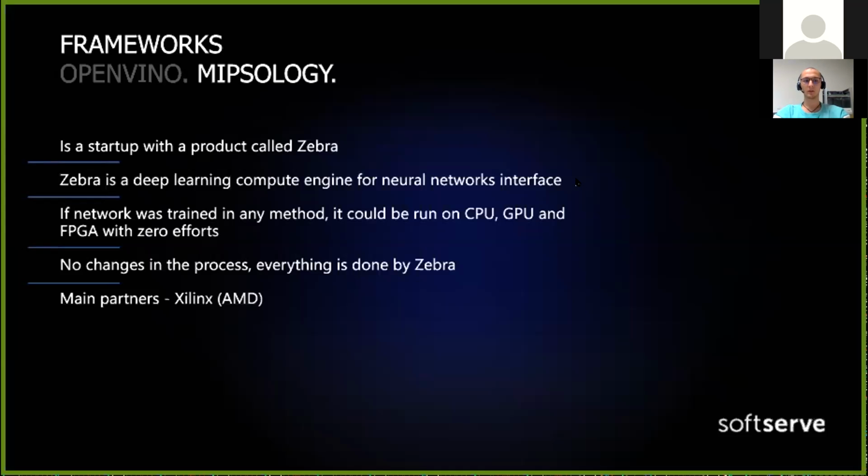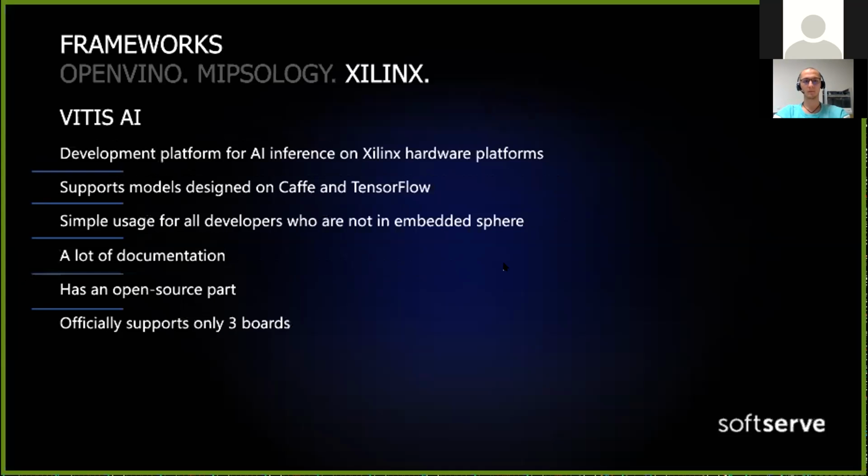Their main partner is Xilinx, now AMD, because AMD bought Xilinx. They say that no changes are made in the process. Everything is done by Zebra, and the programmer should not modify the network to deploy it. They say that accuracy loss is about 1 to 3%. That is not a huge difference.